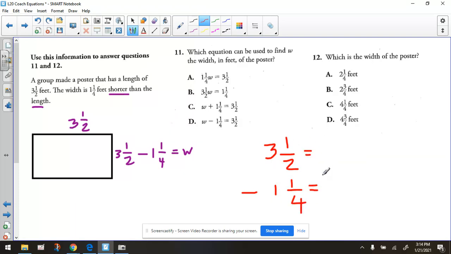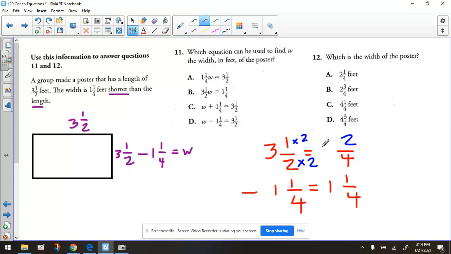So let's rewrite the 1 1/4. And we're going to change this into something fourths, because that'll work nicely for a common denominator. And we think to ourselves, what times 2 will give us 4? And the answer to that is 2. 1 times 2 would give us 2. And then we'll bring over this 3.